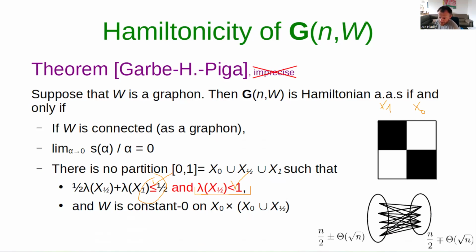But actually, it will not be perfectly balanced. It will be approximately balanced, but there will be these Gaussian fluctuations because you are throwing points into these two sets at random, so it will not end up exactly half and half. There will be slight fluctuations. And these fluctuations will mean that you will not have a Hamilton cycle.